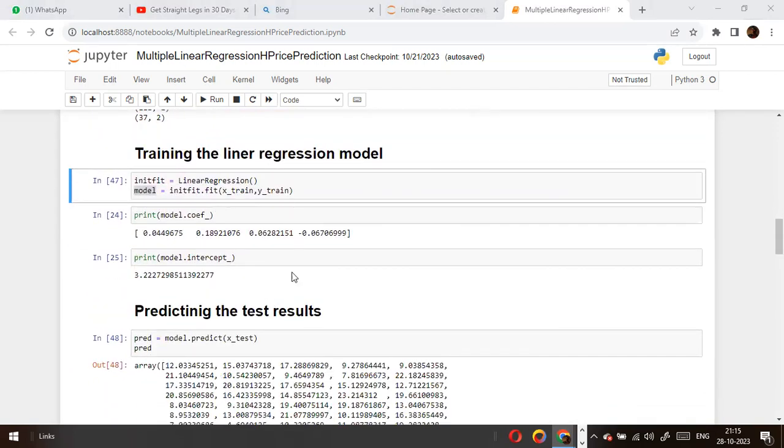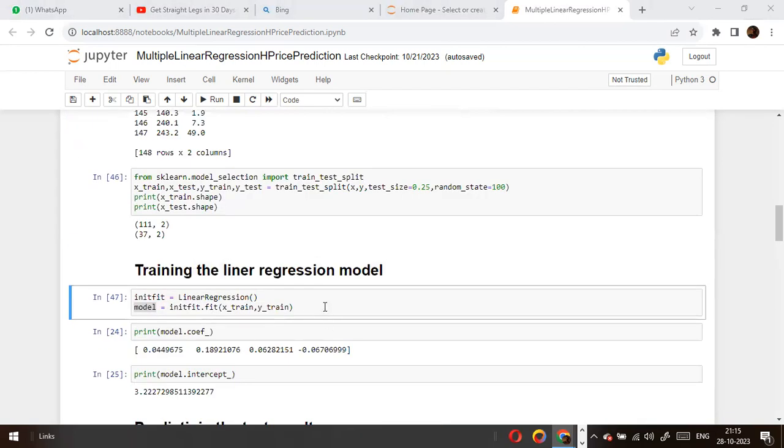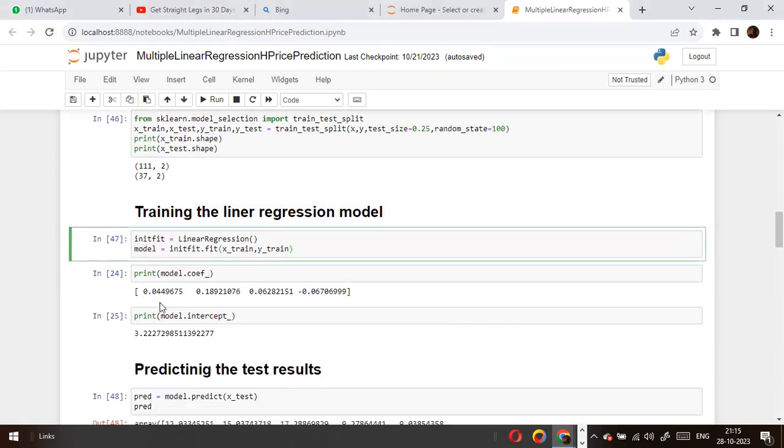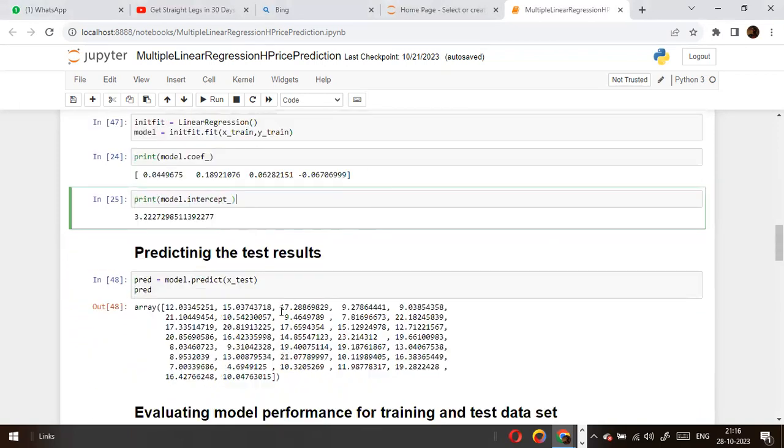So here, in this case, we have trained the model, and each and every independent variable has a corresponding slope value. Then we have the intercept, model dot intercept_. This is the intercept value given, and these are the beta coefficients.